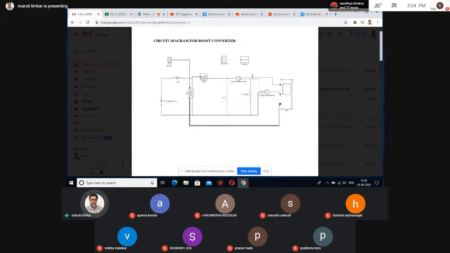To measure the voltage across the resistance, you have to connect the voltmeter across the load resistor.